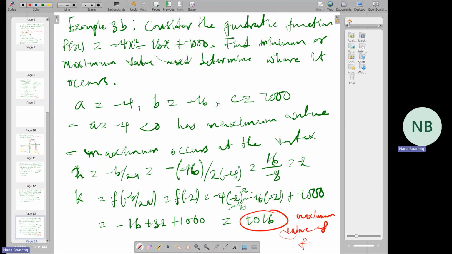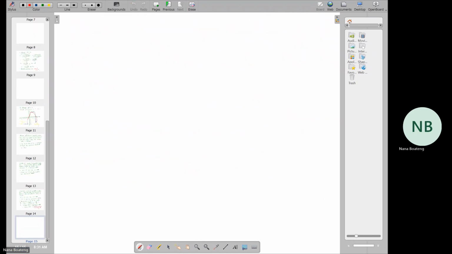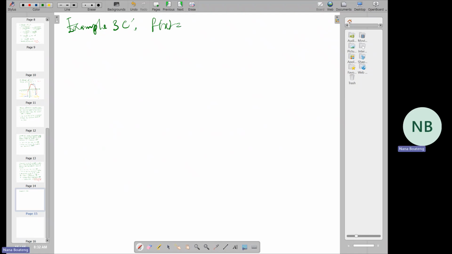All right, so let's look at another example. So this is example 3c, and it says f of x is equal to, okay, the same example that we just saw, negative 4x squared minus 16x plus 1000, and we have to identify the function's domain and range.